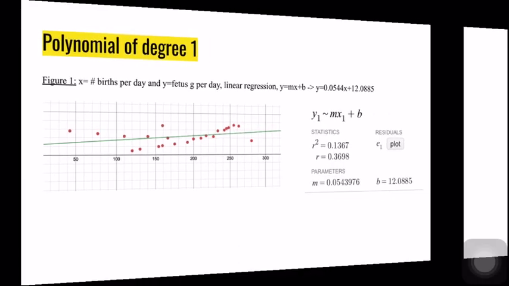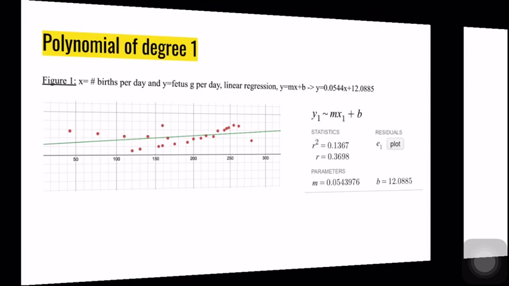In Figure 2, the y-intercept formula is represented as y equals 0.00904557x plus 14.3832. The r-squared value is 0.01318. On the x-axis is the placenta in grams per day, and the y-axis is the number of births per day.